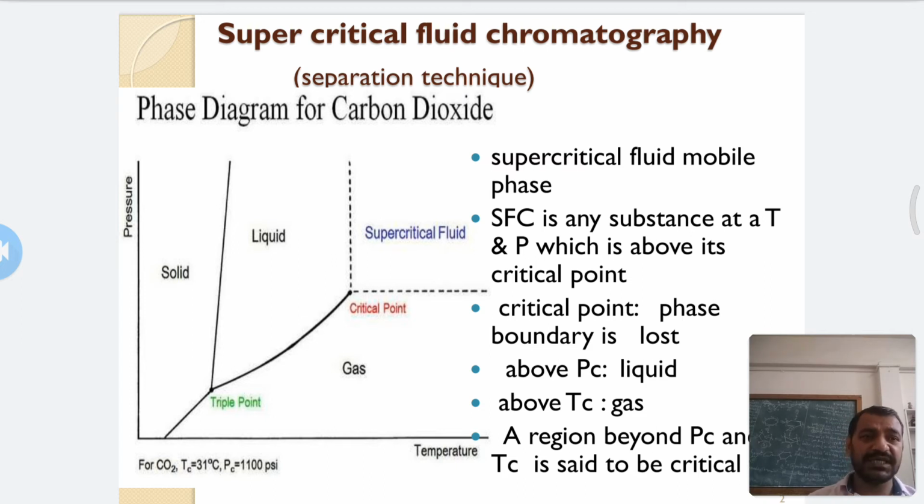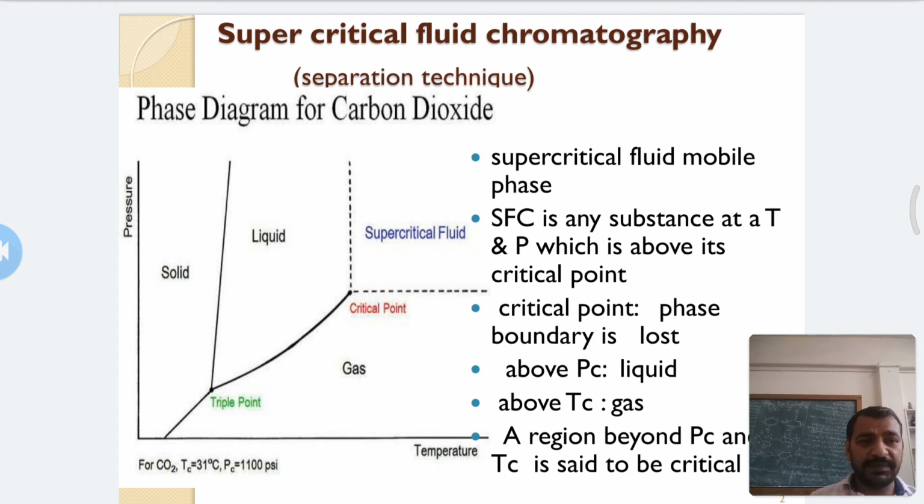At the critical point the phase boundary is lost, so there is neither a gas phase nor a liquid phase.